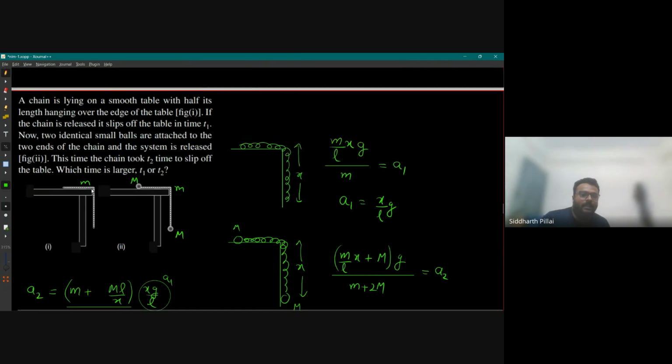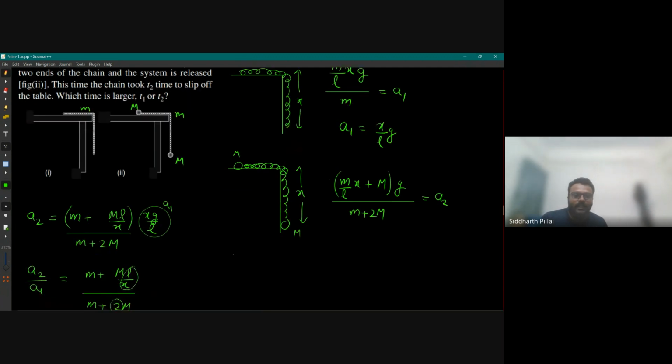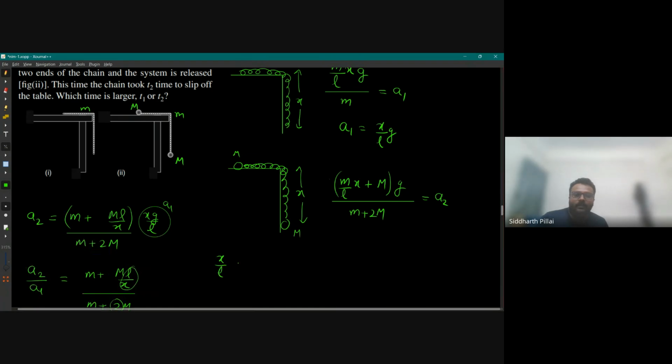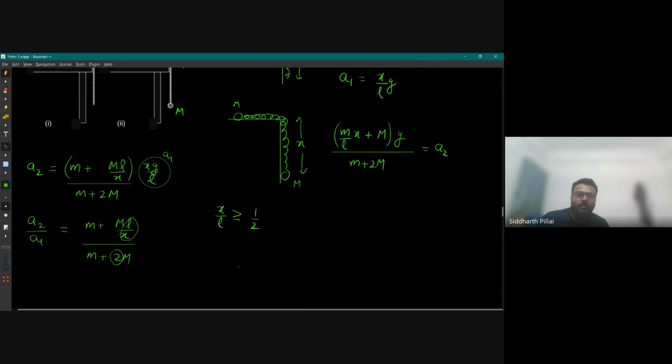It's given that the hanging part is half of the total length, and we are looking at this as it is moving, so we are always taking x by L to be greater than or equal to 1 by 2. What does that mean? This means L by x is less than or equal to 2.